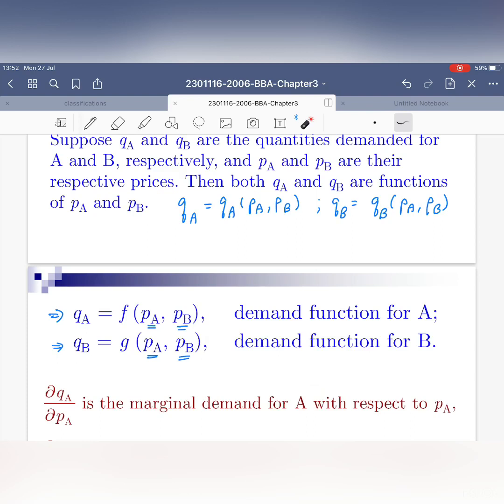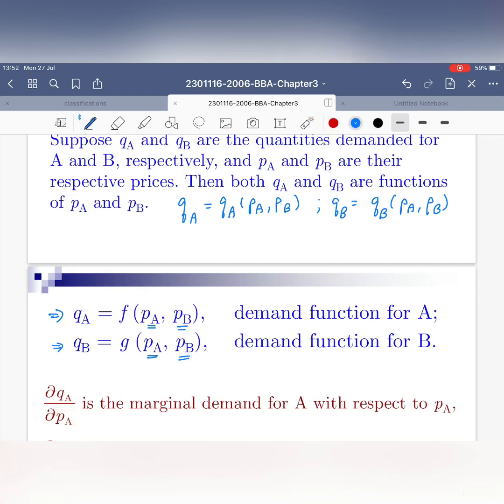What does this mean? Let's try to interpret it in terms of economics, or in terms of business. The demand is the quantity that people want to buy at this particular price. However, this derivative is the rate of change of the demand that people want as your price changes.